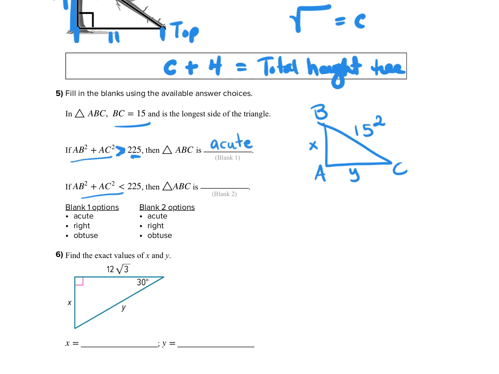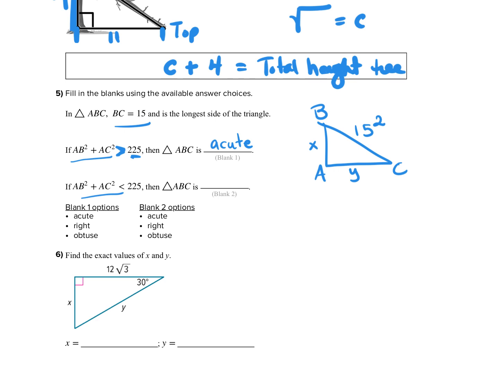And the reason being is that it goes back to the fact that the longest side is opposite the biggest angle, or the shortest side is opposite the smallest angle.